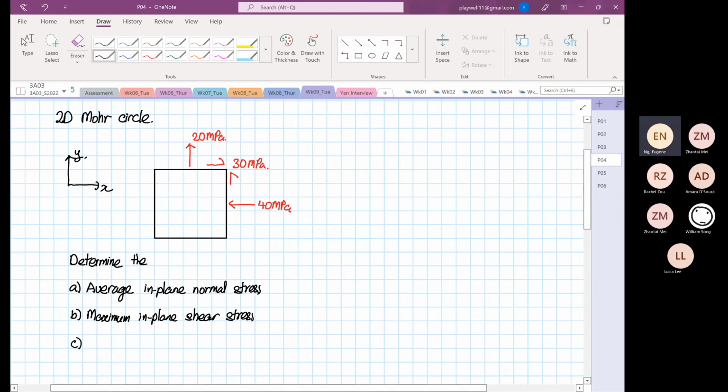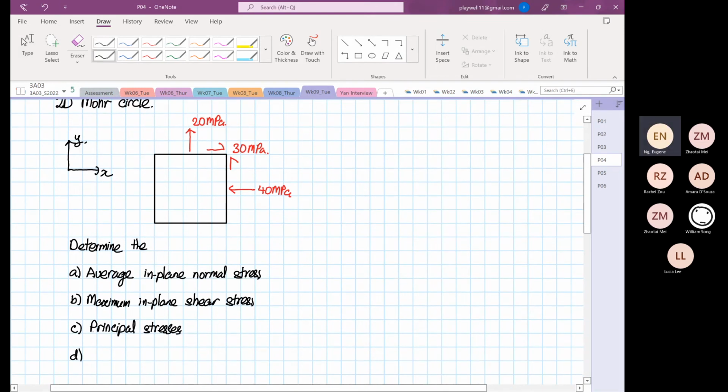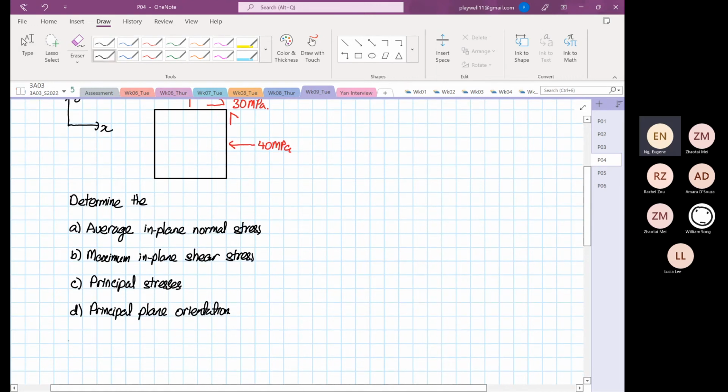We are going to find the principal stress or stresses, and then you're going to find the principal plane orientation, and then we are going to construct the element at its principal plane.